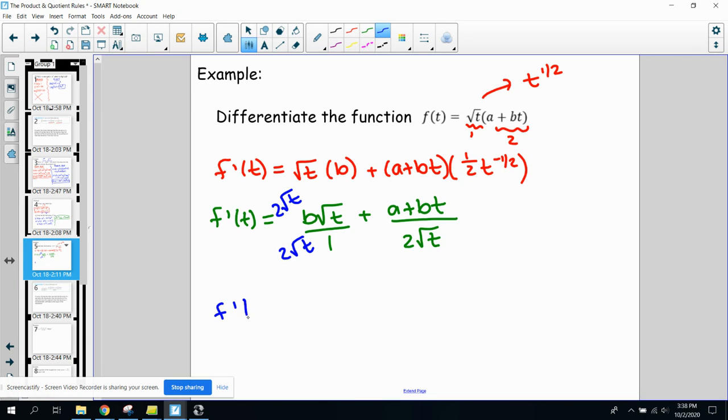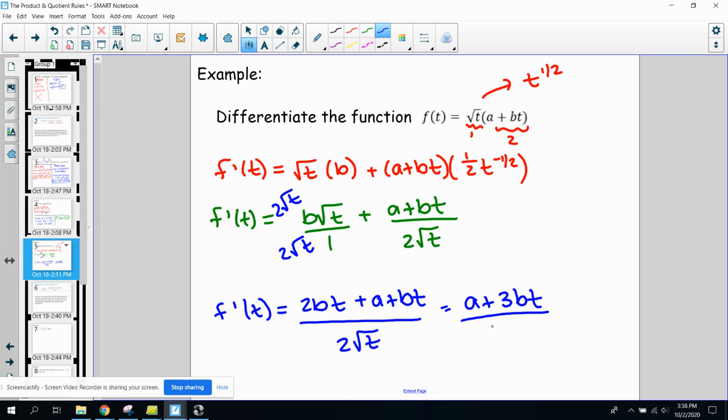So f prime of t is going to be equal to 2bt. If I multiply 2 root t times b root t, I get 2b times t. And then plus a plus bt over 2 root t. And then if I simplify the top a little bit, I can add the 2bt and the 1bt. So I get a plus 3bt over 2 root t. And that would be simplified all the way.